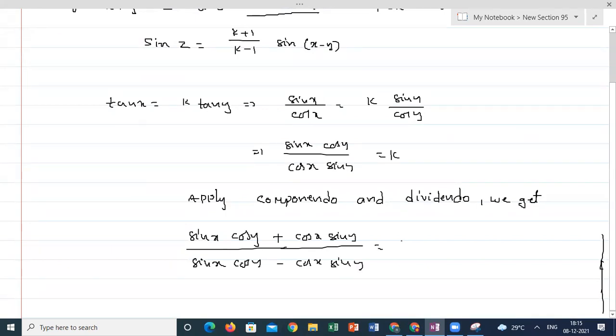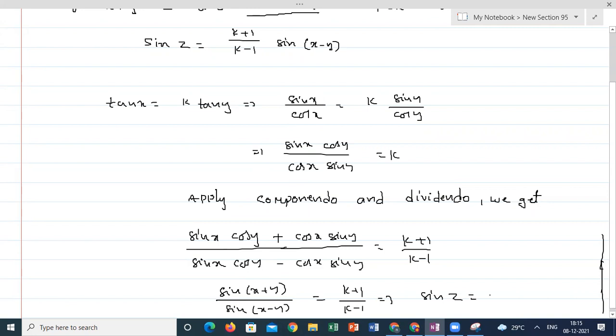Yeah, try that also. Then we get k plus 1 by k minus 1, which gives the left side as sin of x plus y upon sin of x minus y, equal to k plus 1 by k minus 1. After cross multiplication, x plus y can be written as z.